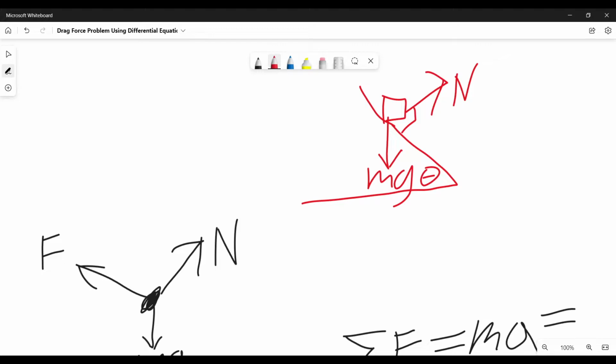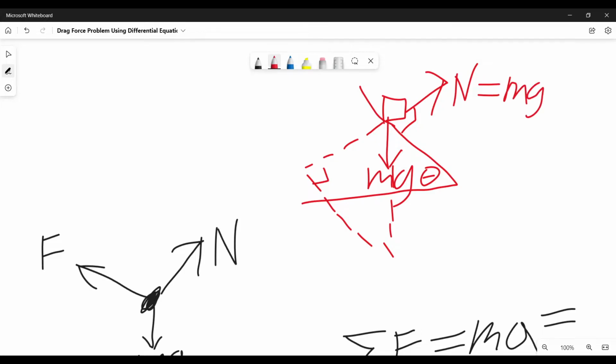And of course, that's different from the mg going straight down. So we need this component which goes from here, makes a right angle here, and then of course it all comes down to this mg. If you look at the complementary angles, the normal force actually equals mg cosine theta.